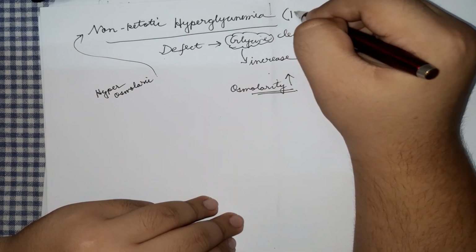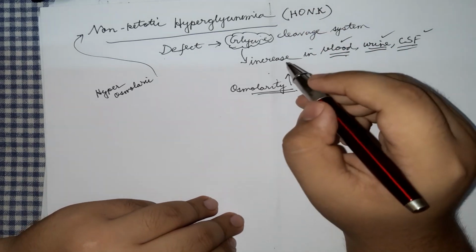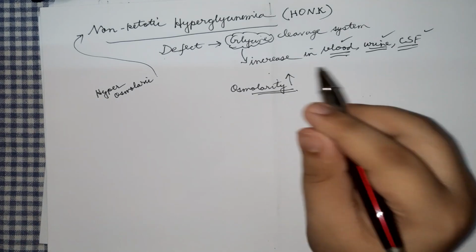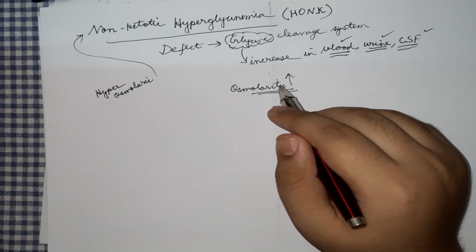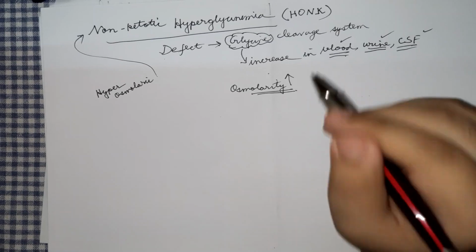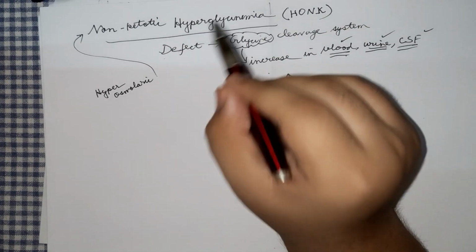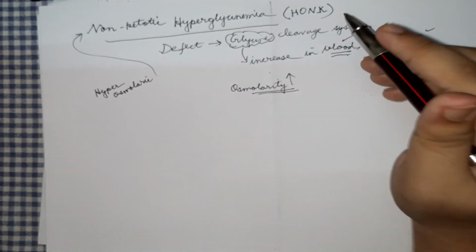So it is also abbreviated as HONK, right? There are many clinical cases which we will have to see when we reach the professional level in our house staffship days. We will have to see this kind of HONK cases.